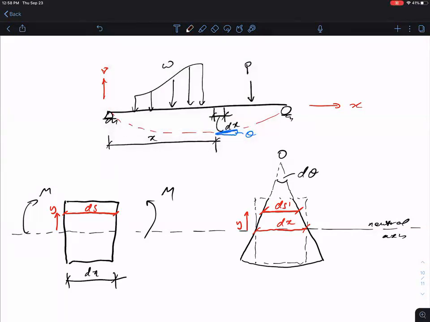So we'll say before deformation, after deformation.